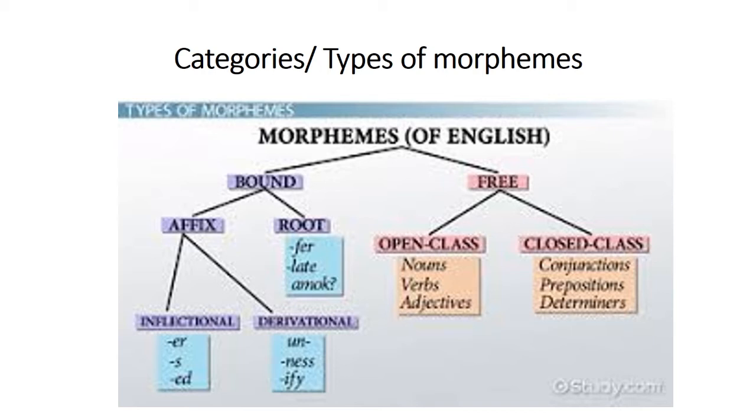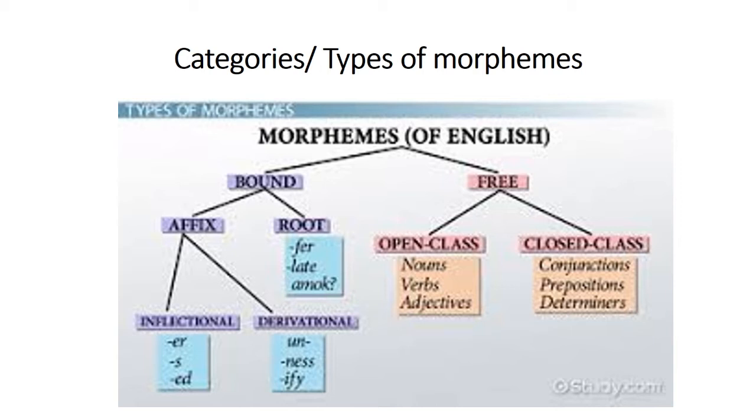And the other category is the functional morphemes. Functional morphemes are those which perform a grammatical function, and this consists of functional words in a language such as conjunctions, prepositions, articles, pronouns, and they are described as closed class words, which means that we never add new functional morphemes to the language.